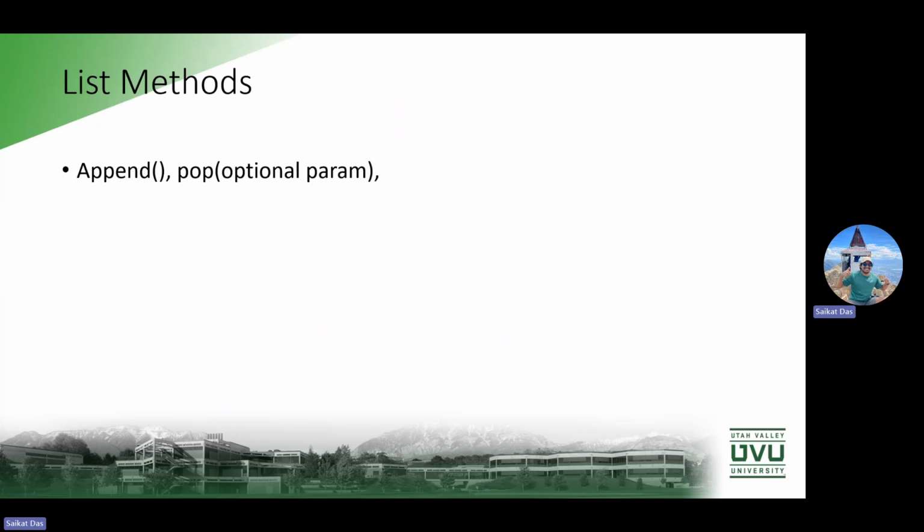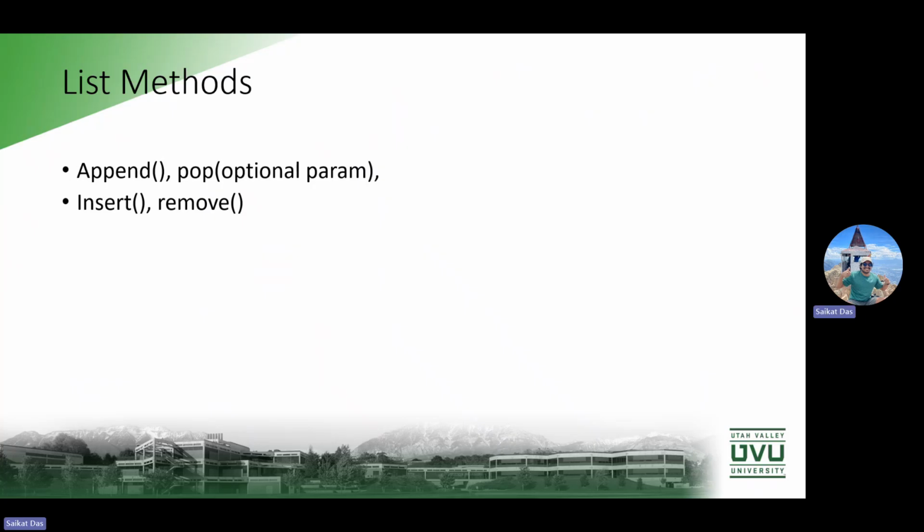By default, it pops the last one. But if you put something there, that means you're specifying the index. Well, I would like to pop that particular item. If you put pop 0, it will pop from the bottom. Otherwise, it will pop from the top.